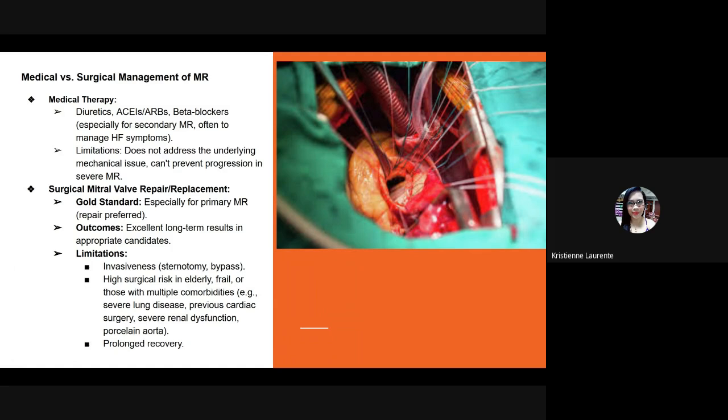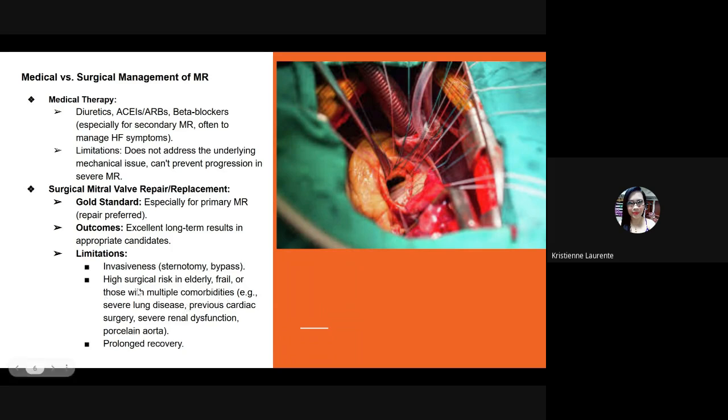Repair preserves the patient's own valves, and often leads to better long-term ventricular function and survival outcomes. So outcomes: excellent long-term results in appropriate candidates. The limitation is that this is invasive, you need to have open heart surgery, with surgical risk in the elderly, frail, or those with multiple comorbidities.